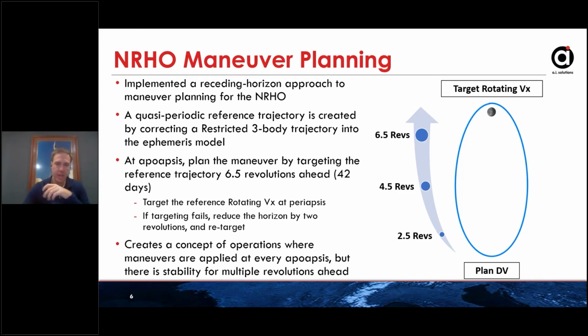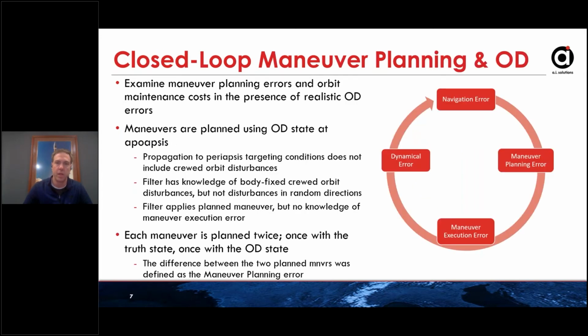It's convenient for a lot of reasons, one of which being that for each maneuver you target, you have likely 6.5 revolutions or 42 days of stability ahead of you, which is a very useful concept of operations. So I utilize this full targeting scheme in my navigation analysis mission plan.